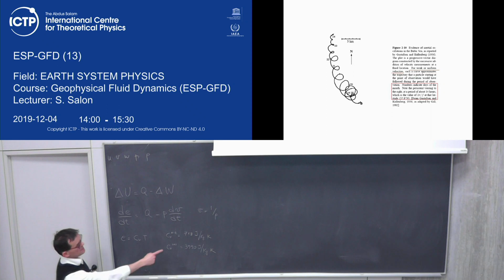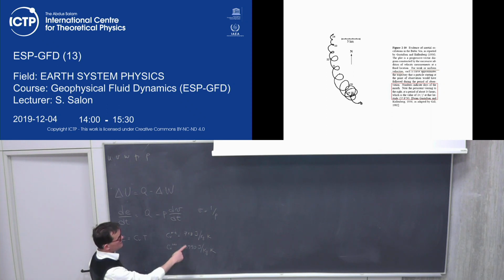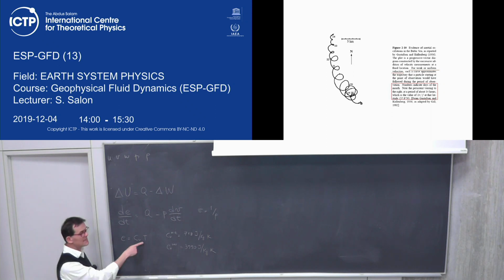So just for this, you see that we have like 700, almost 4,000, so almost 6 times larger the heat capacity for the seawater. Okay, so it means that at the same temperature, since this is expressed for unit mass, so we have 1 kilogram of water or 1 kilogram of air, and 1 kilogram of water has itself 6 times more energy stored than the same for the atmosphere.